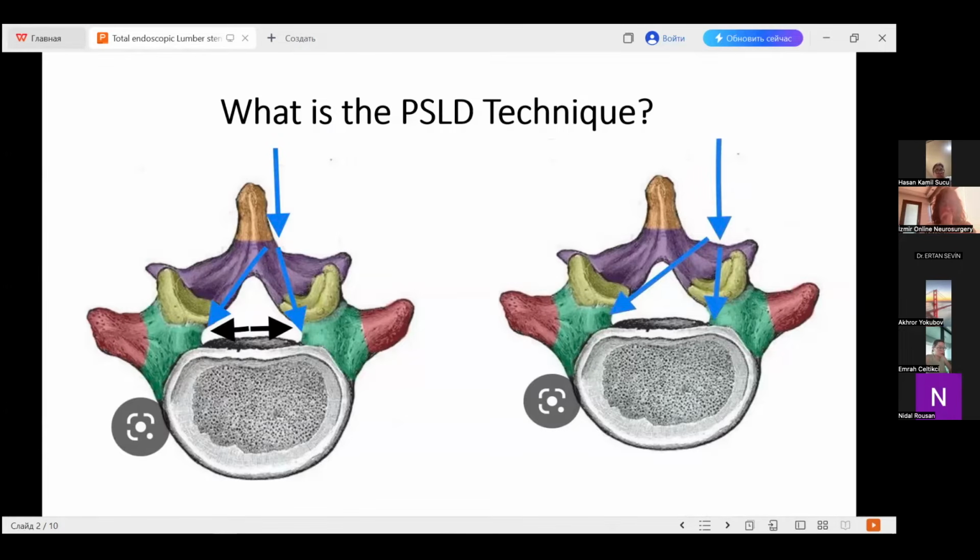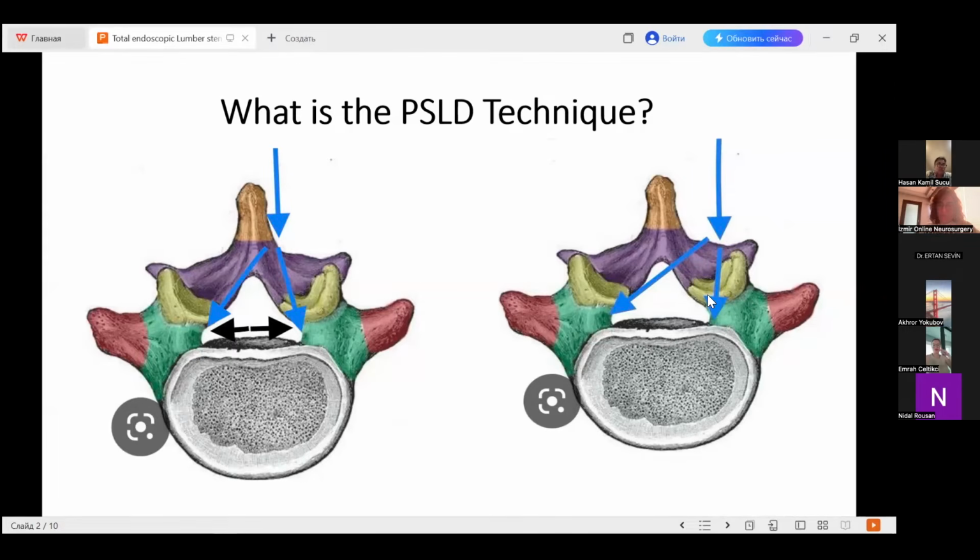What is it? Technique. You are seeing lumbar spine anatomy, because some schools in Europe, and I saw many conferences, use a landing point on the facet.